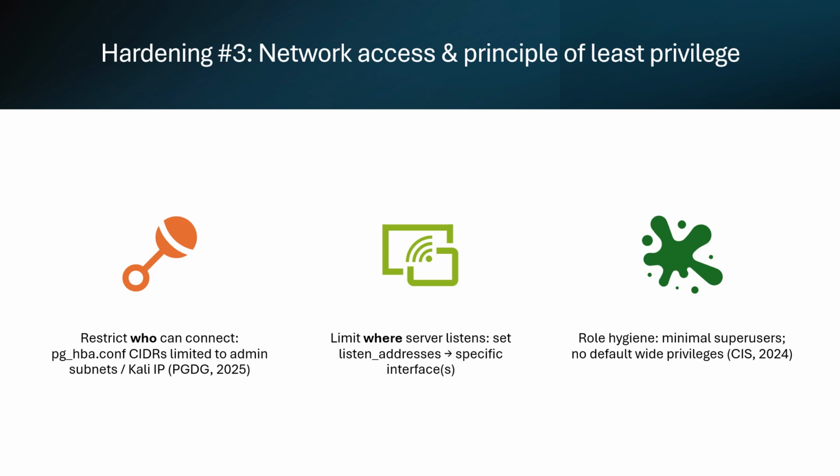Also, adhere to the principle of least privilege for roles. Avoid giving users more rights than needed. The CIS benchmark specifically calls out excessive privilege as a common misconfiguration risk. Together, these steps shrink your exposure drastically.